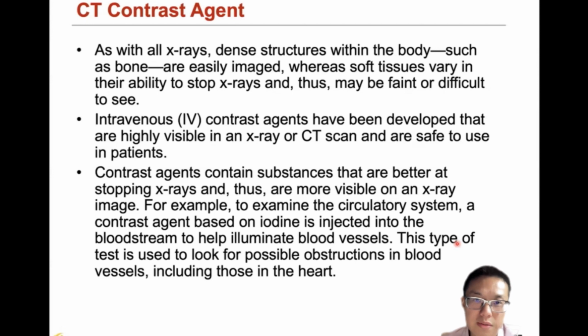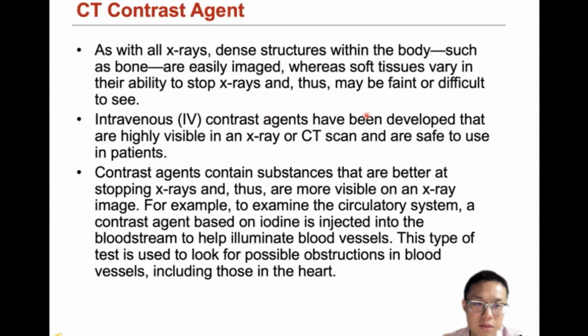So with all X-rays, dense structures within the body, such as bones, are easily imaged. They will show bright white on the image. But soft tissues vary in their ability to stop X-rays and will be difficult to see. Some of the soft tissues may not show very well in terms of different shades of gray.